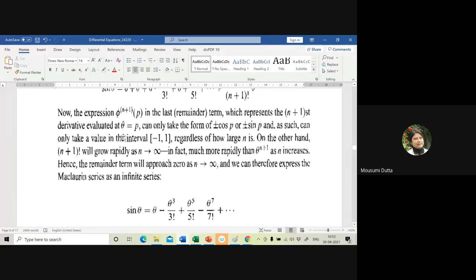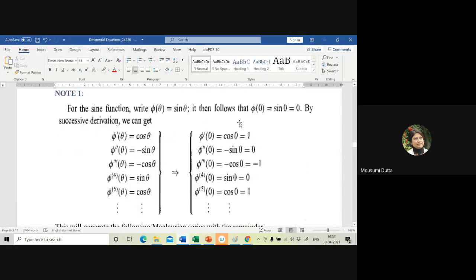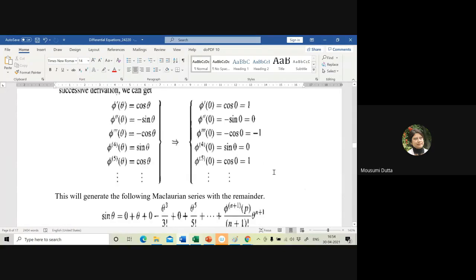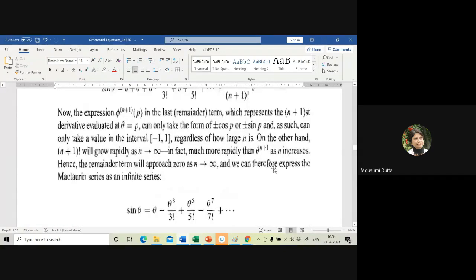Now theta or p has been replaced by 0. So cos 0, when I am telling that it will be within the values plus minus cos theta or plus minus sin theta, that in turn is indicating the values will be plus minus 1 or 0.